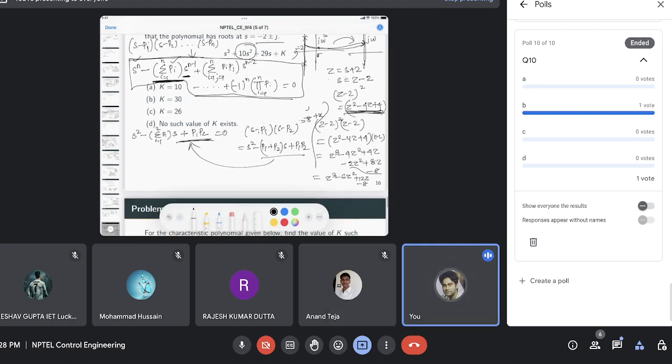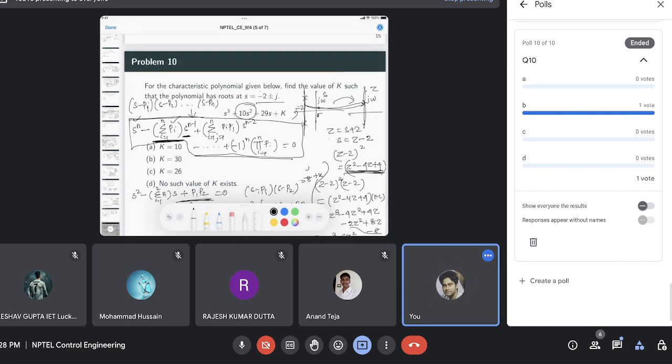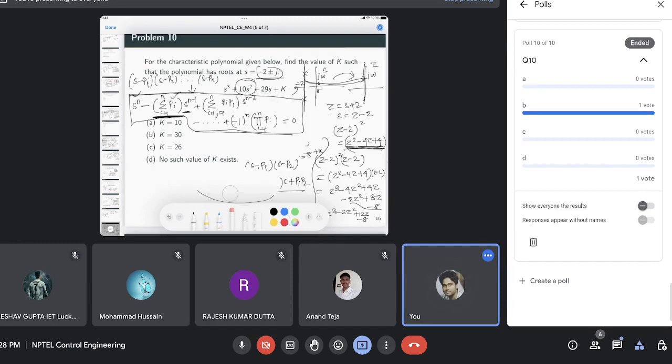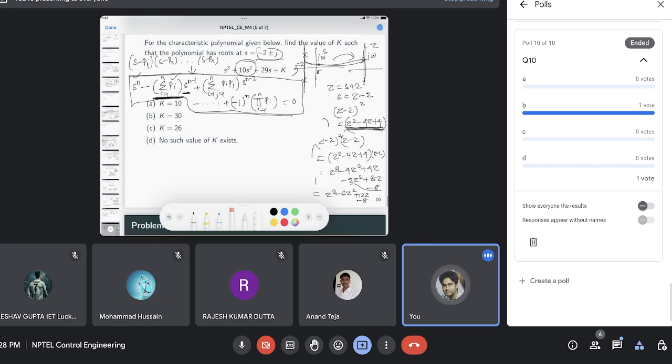So two poles are already given. Let the other pole be located at some minus a. Here a could be positive or negative, but it cannot be imaginary. One pole cannot be on the imaginary axis. It can also be 0, a pole at the origin, but it cannot have an imaginary part.